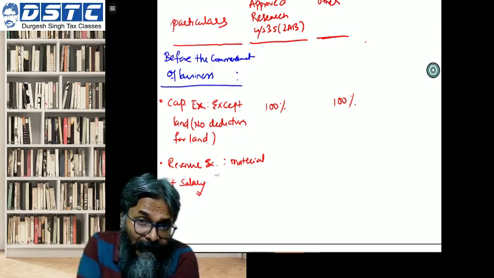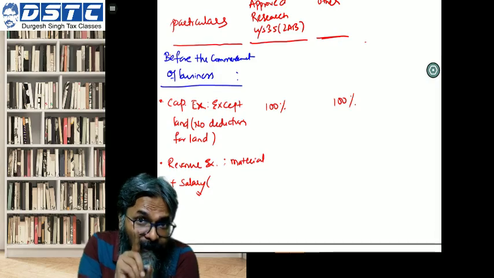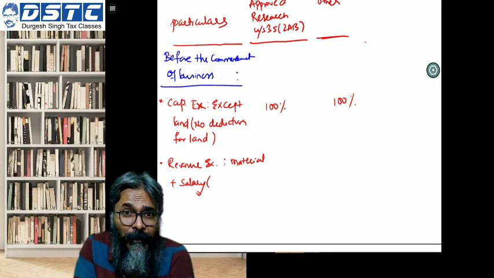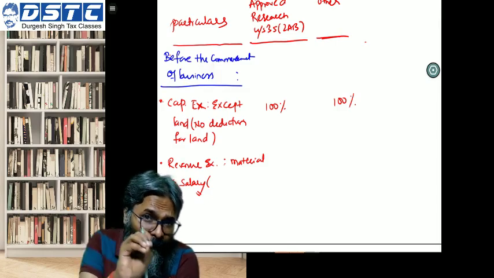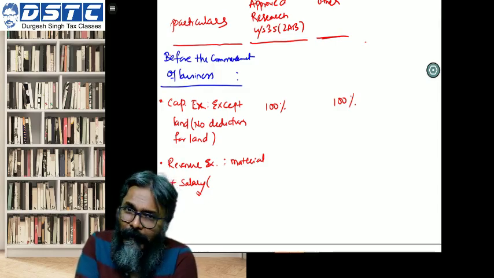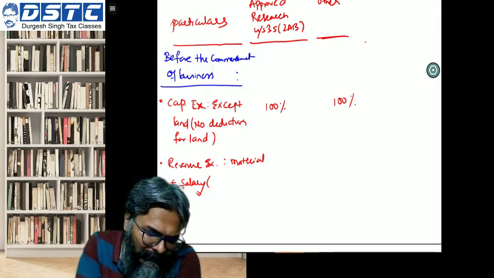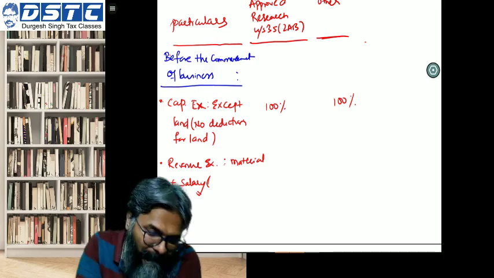But salary will not include the perquisite. Before the commencement of business, obviously it is logical. We are not sure whether you are going to do the business or not. So therefore, we are not going to give you the deduction of perquisite.